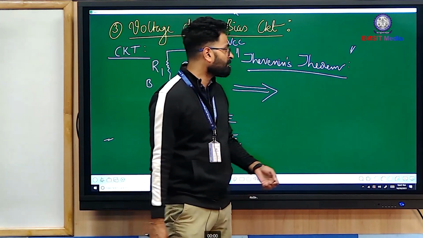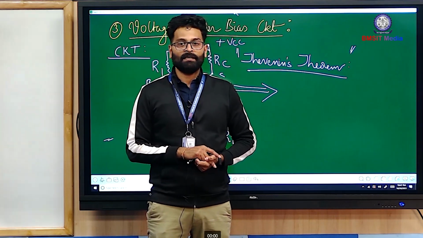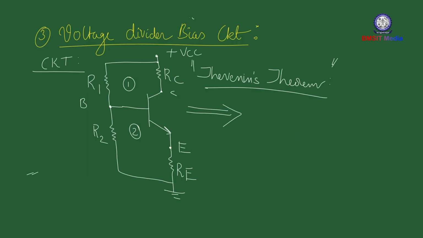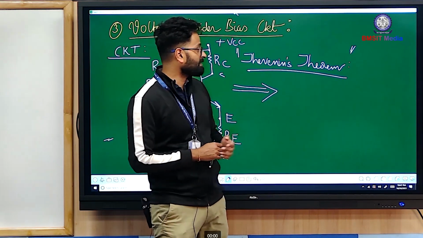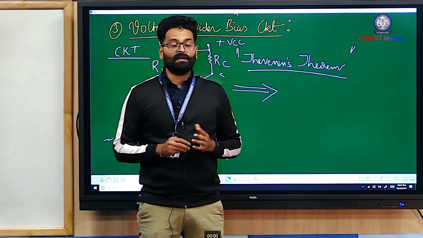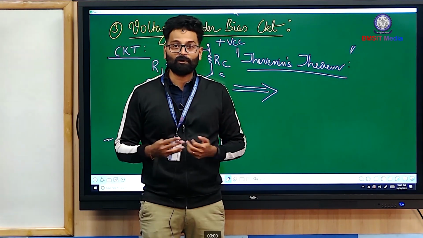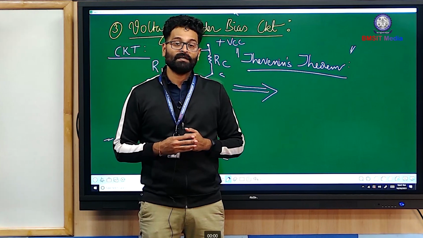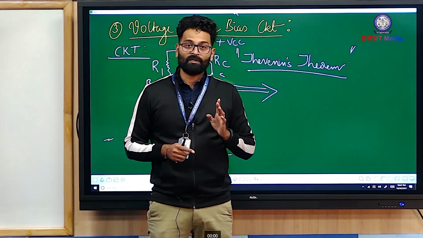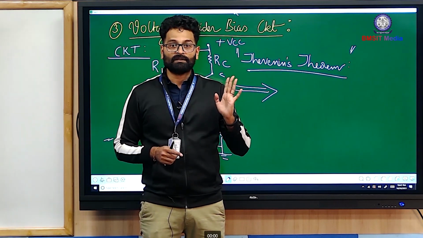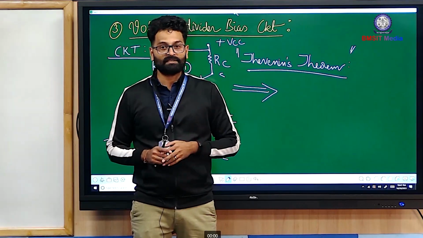Thevenin's theorem is basically used in circuit analysis whenever you encounter a complicated linear bilateral network. It states that any complicated linear bilateral network consisting of several voltage sources and current sources can be converted into a simple network consisting of one voltage source in series with the equivalent resistance, which is also called Thevenin's resistance.